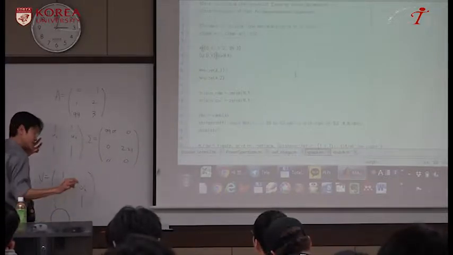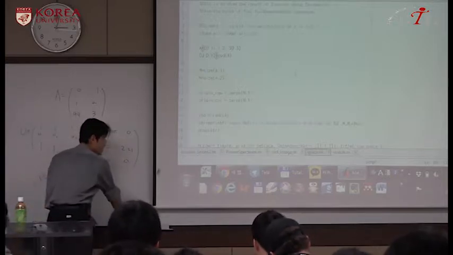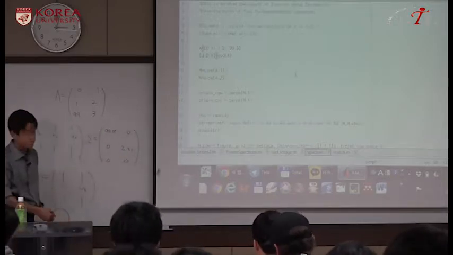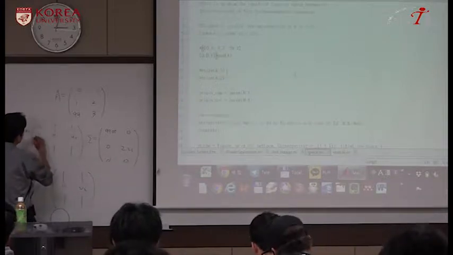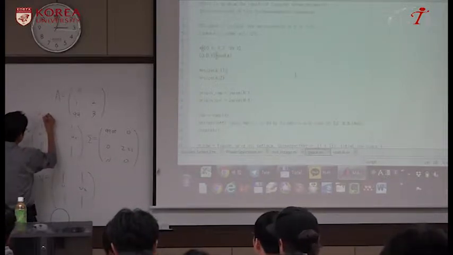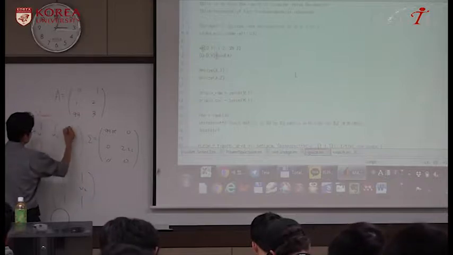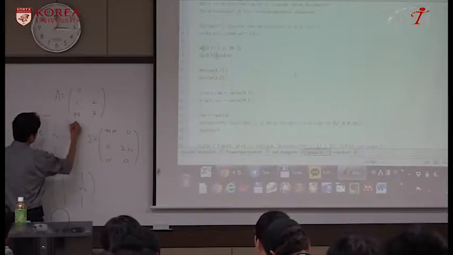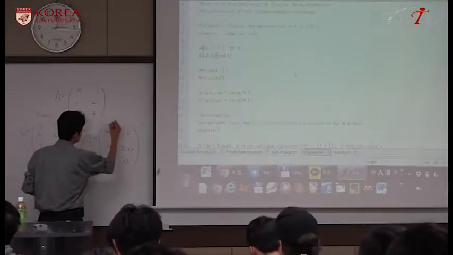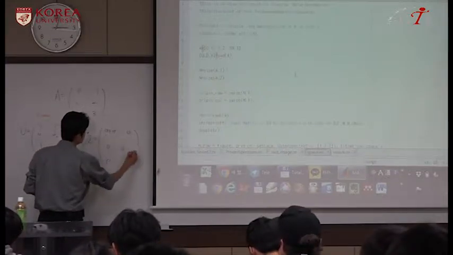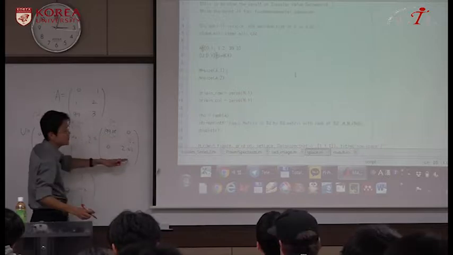Then from this we can see that because it's rank 2, they are the basis of the column space. This is the left null space. And one singular value is very large, and the other singular value is relatively small.